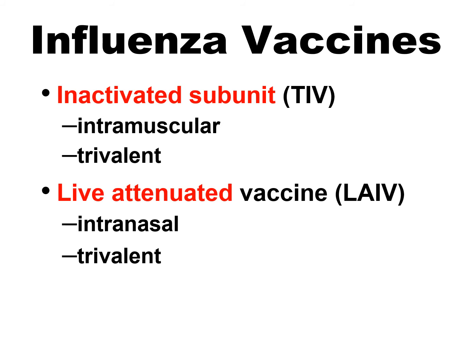Influenza vaccines are numerous. Here we will talk about the inactivated subunit vaccine, the trivalent inactivated vaccine (TIV) given intramuscularly. We leave the live attenuated vaccine, which is intranasal.